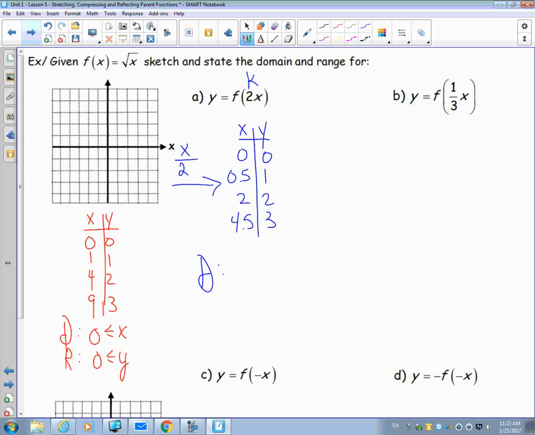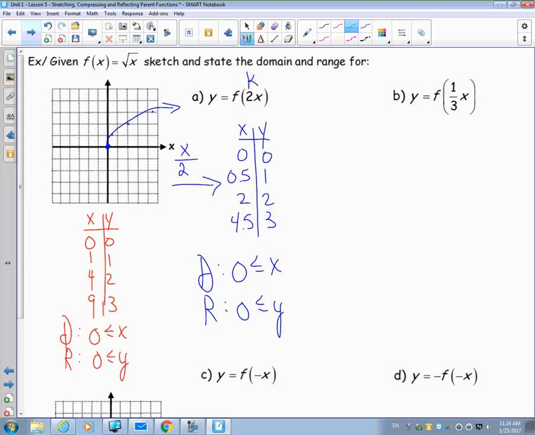Okay, half of 0. Well, that's still 0. Didn't touch our range. Graph it. 0, 0. 0.5 and 1. 2 and 2. 1, 2, 3, 4.5, and 1, 2, 3. There's our function. Done. Yeah, try the next one.